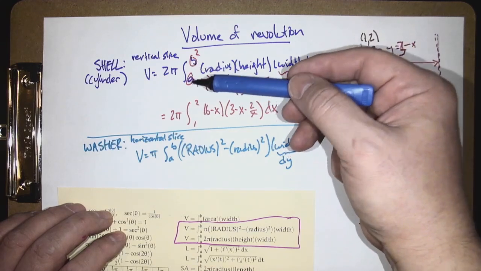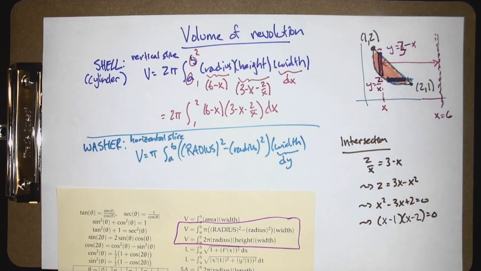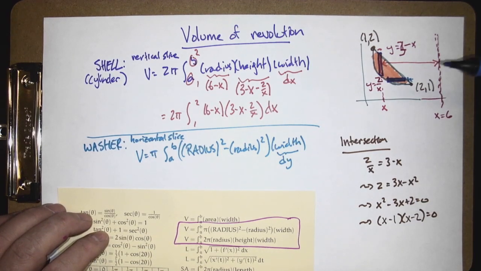Now the x bounds were from 1 to 2. You don't get to use the same bounds because we have to integrate with respect to y. The x bounds went from x equals 1 to x equals 2. We are no longer using the x bounds. We're going to go to the y bounds. And so we're now going to go from 1 to 2.